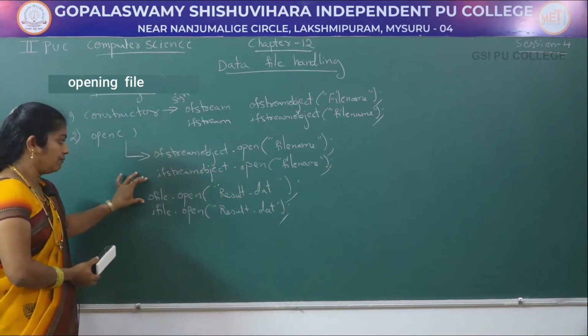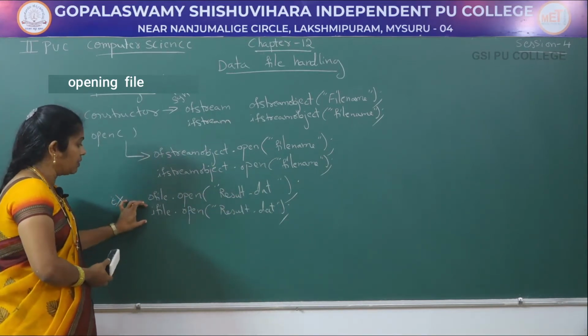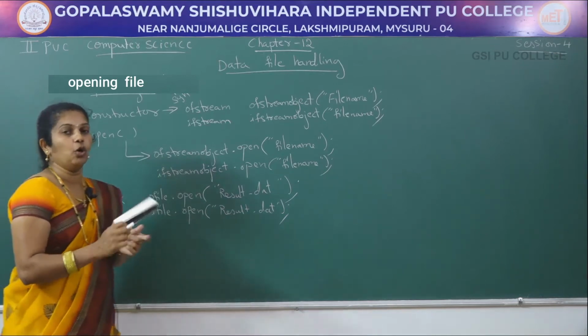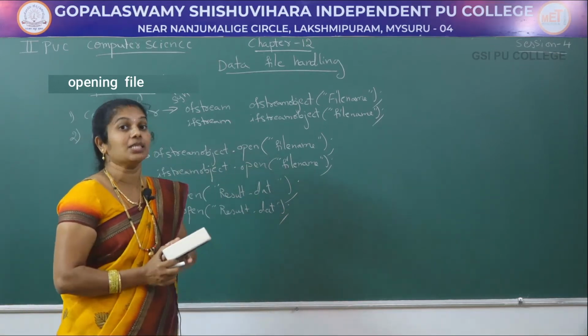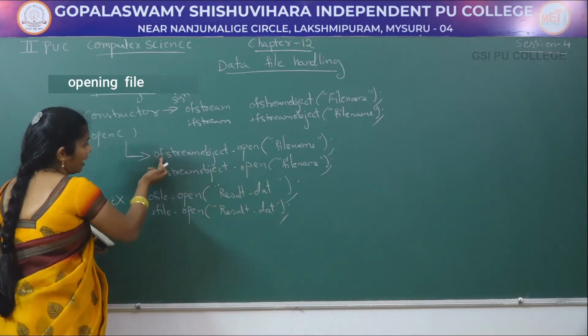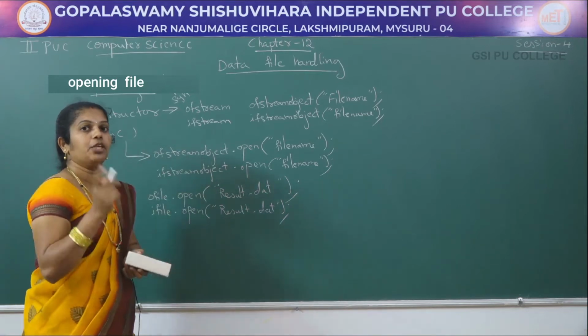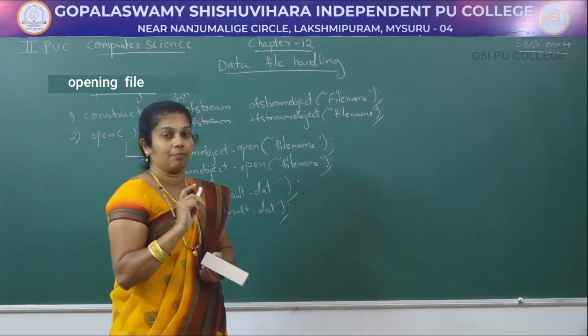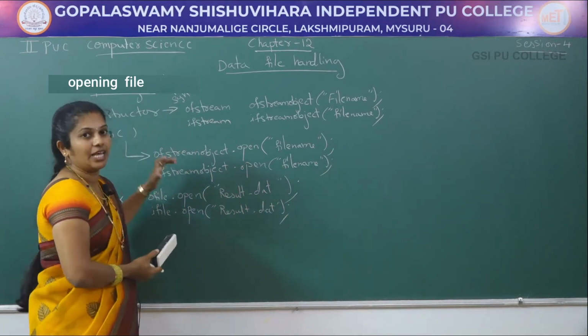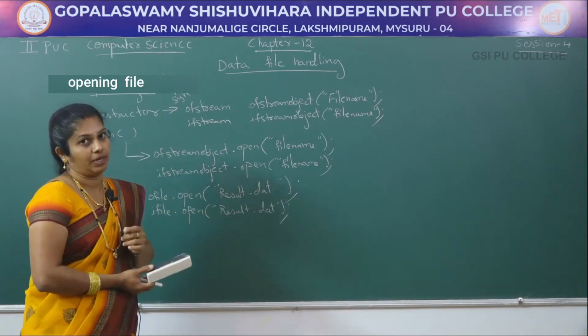Here we are opening the file only for output purpose and here we are opening the file only for input purpose. For example, if I want to open a file for both input as well as output purpose, then how to write it? In place of IF stream as well as OF stream, you have to write F stream. F stream includes both IF stream operation as well as OF stream operation.